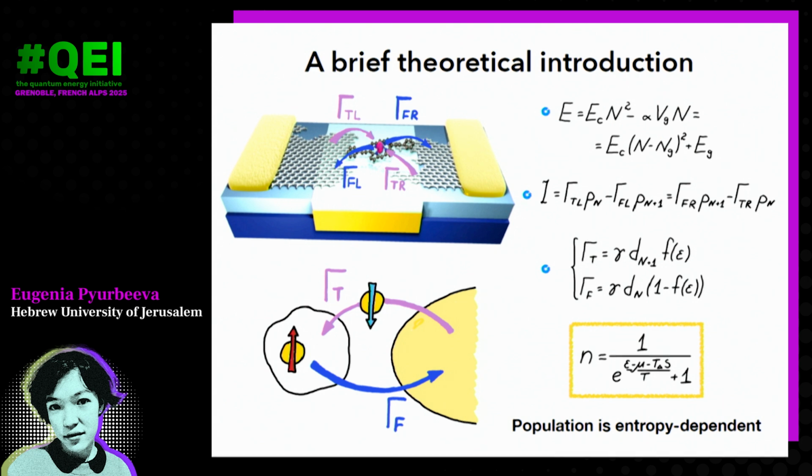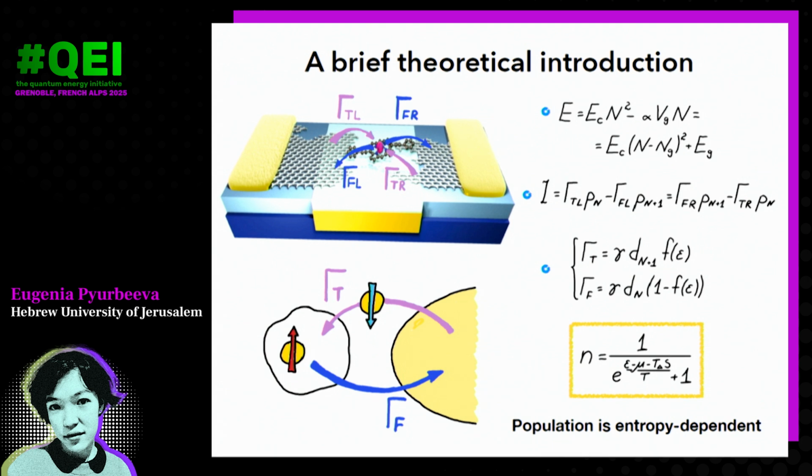So essentially, removing is twice as easy. There is no selection rule for removing, but there is a selection rule for going in, which means that going in is harder than going out, which means that the population of this quantum dot is lower than it would have otherwise been if there was no degeneracy in the spin.